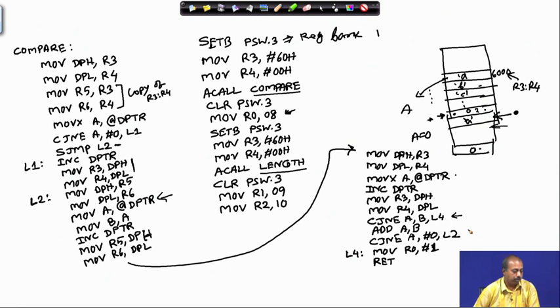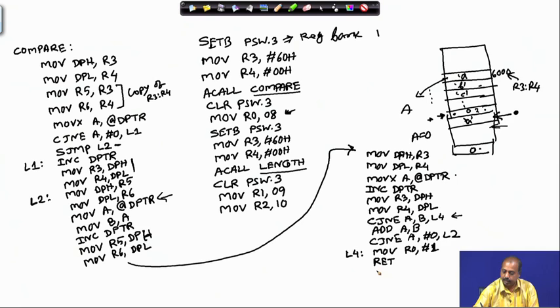Now, that is setting 0, and this L4 is, so this is L4. So, CJNE A, #0. If it is 0, then it is coming to, otherwise it is not the same.